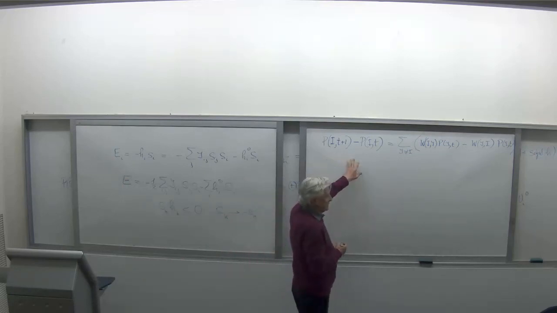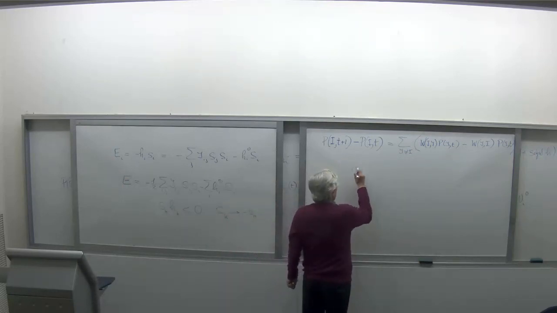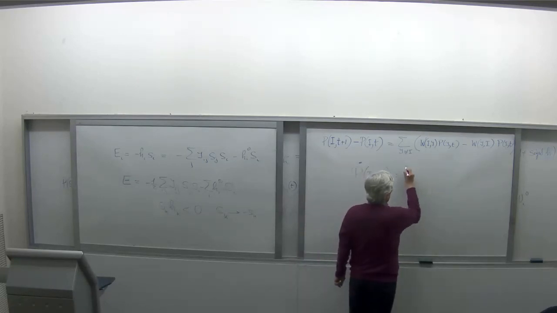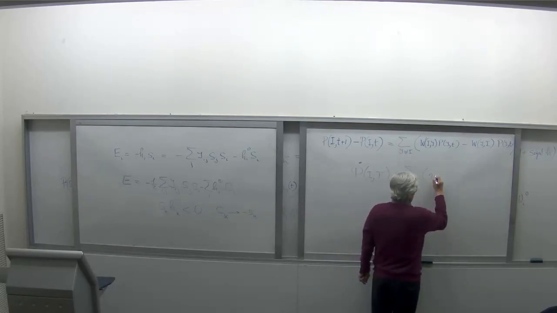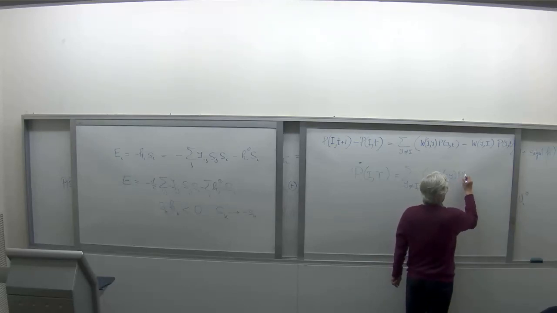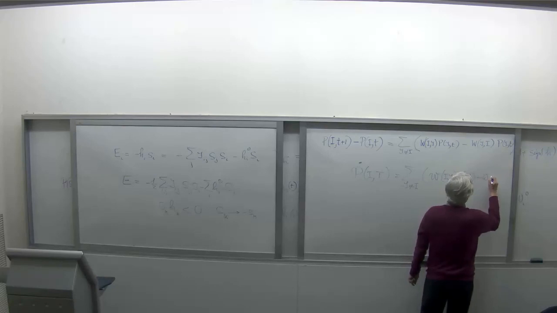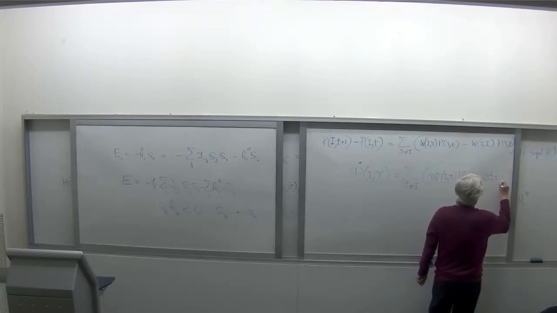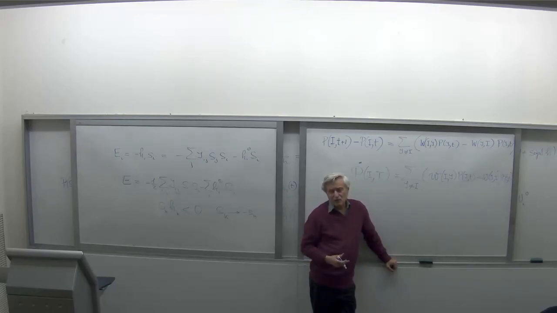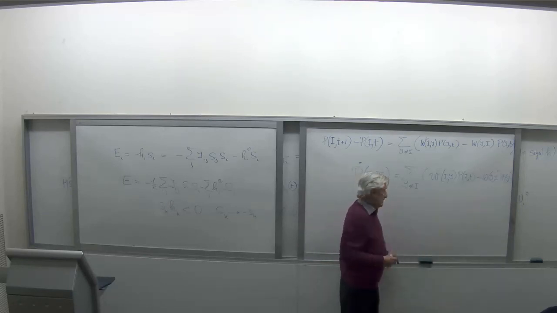So if we divide everything by delta t, we have here P_i at time t, and then we have, denoting the rate by a small w, w_ij P_j(t) minus w_ji P_i(t). And this condition j different from i I don't have to write anymore, because if j is equal to i, then the two terms cancel. So let me drop this.